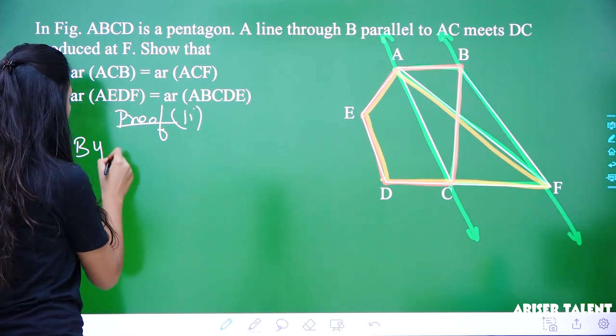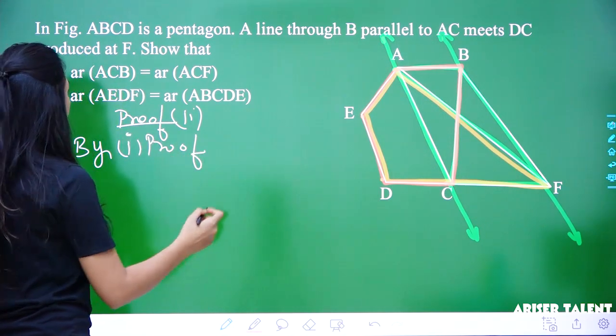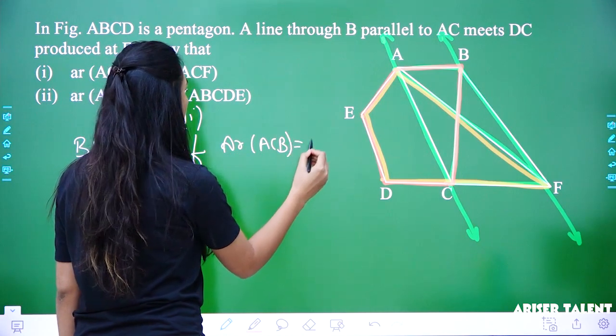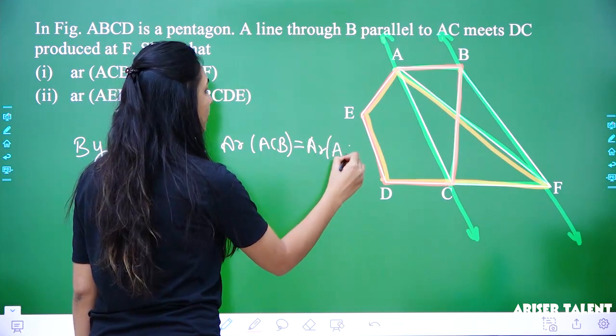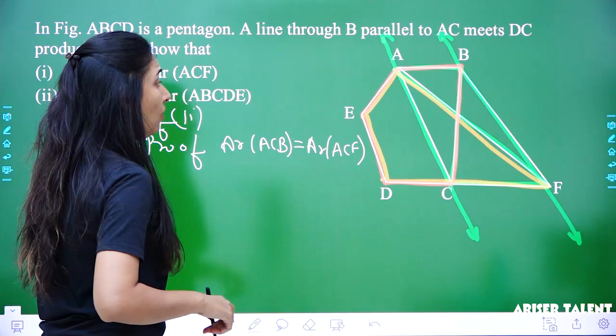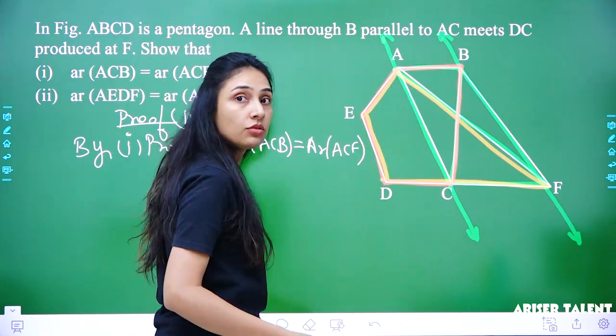By the first proof, we have area ACB is equal to area ACF. Now this area is common in these two areas.